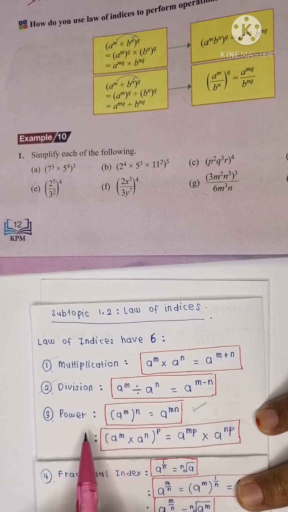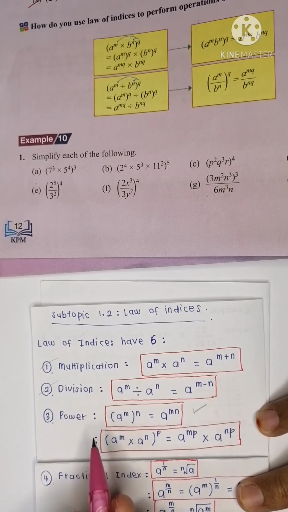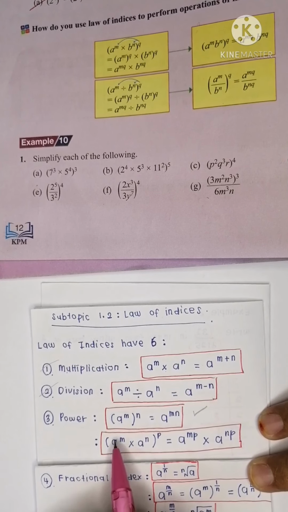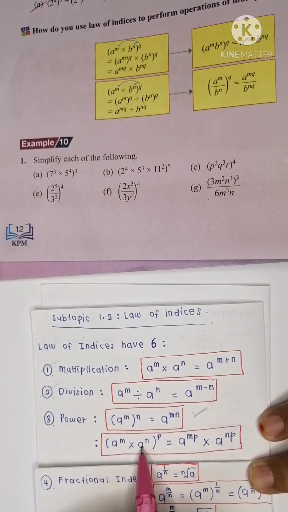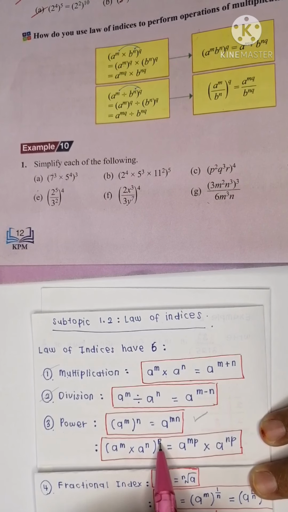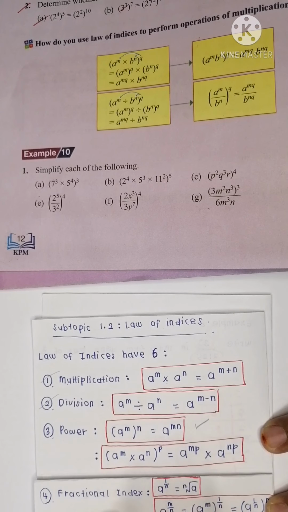Now we proceed to the next law of indices regarding power. If the question gives you something like a to the power of m times a to the power of n in bracket, to the power of p, how do you solve it?